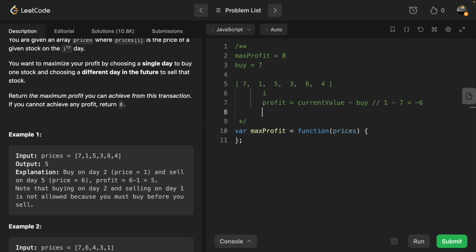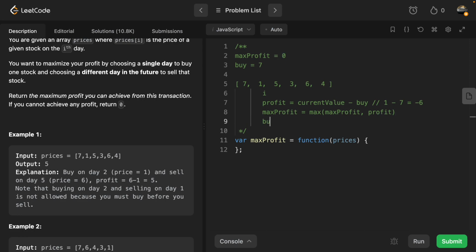And we also want to update our max profit. So max profit equals the max between the max profit and the current profit. In our case, we compare between 0, the max profit, and negative 6, the profit. 0 is still bigger than negative 6, so the max profit remains 0.